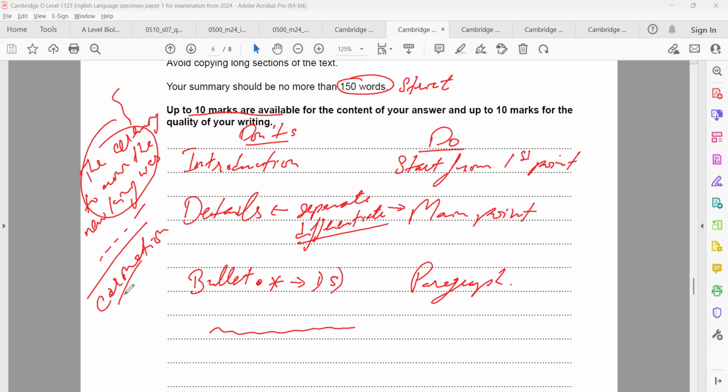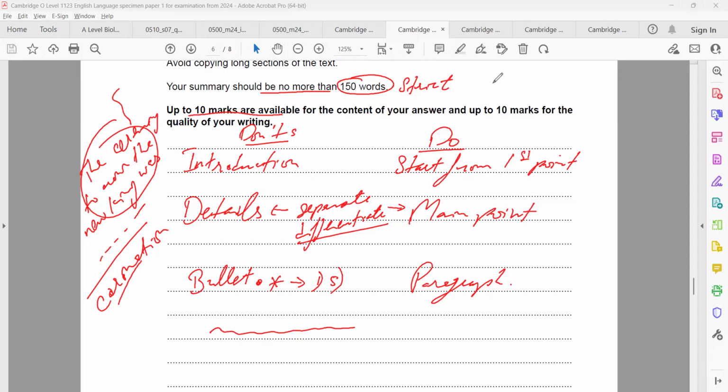But the reason I'm giving this example is that in a summary, you want to be precise, and so you would want to use the word coronation. That will be saving you 8 words, so you're using one word instead of 8, and that's saving you 7 words, which is a lot. Now, also it says that it should be no more, so you can't go over.